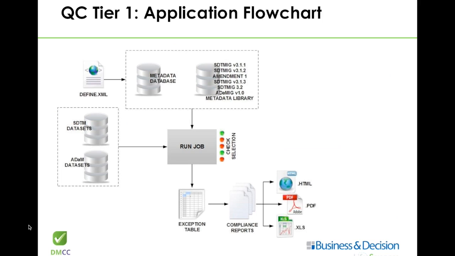The DMCC tool that we use is an application that runs also in SAS. So what we do is that we read in the SDTM and ADaM datasets along with the metadata and the implementation guides, actually, the models of CDISC. We create a job that will run and will generate an exception table and compliance reports.